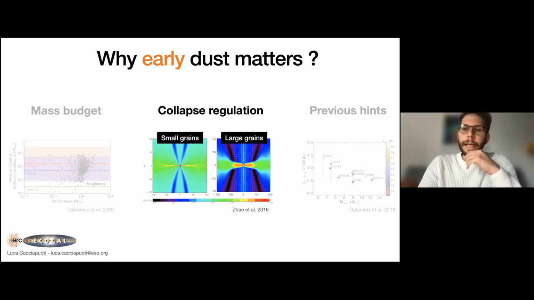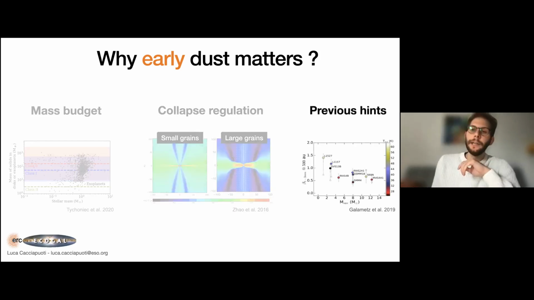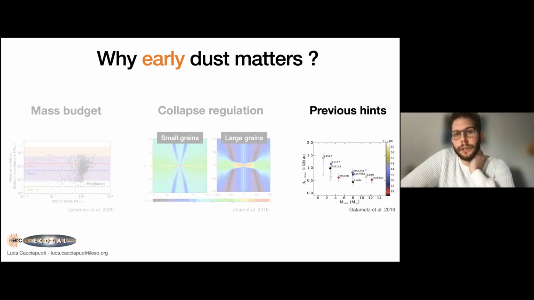And then finally, we do have some previous hints of dust growth in the envelopes of some of these objects. So this is a study by Galametz et al. in 2019, in which they used the CALYPSO sample to study the dust properties in the envelopes of a bunch of sources.